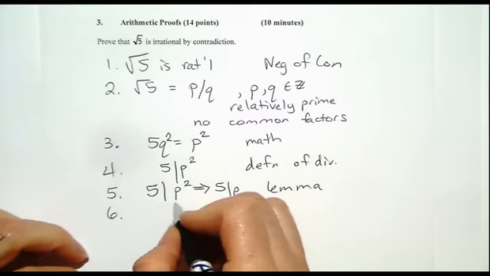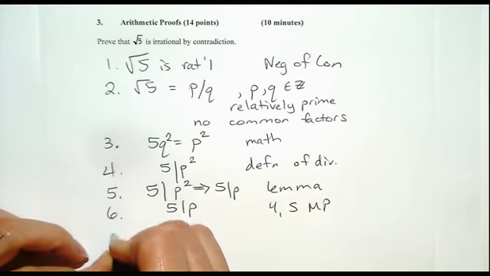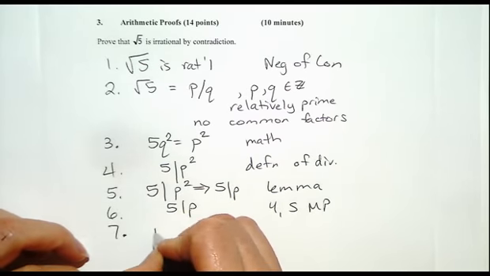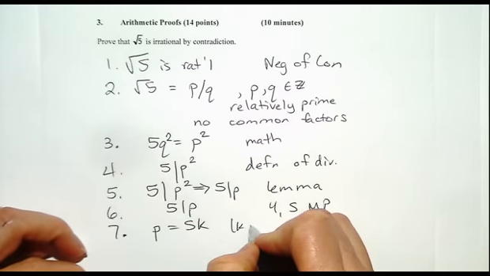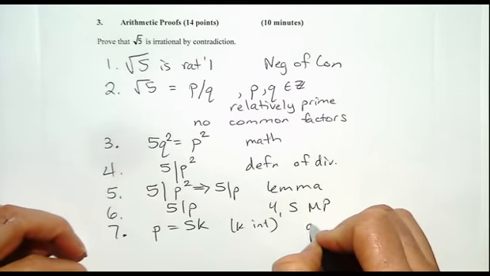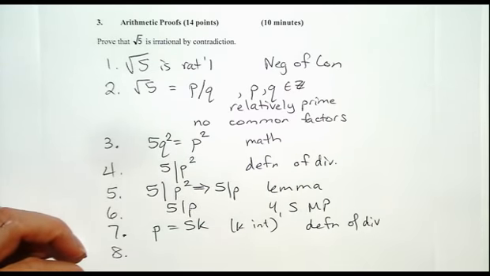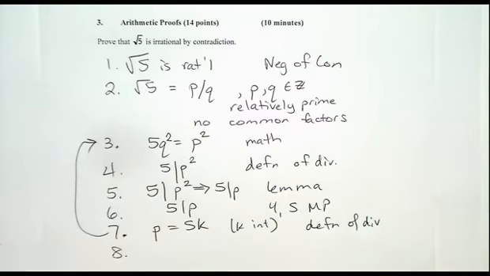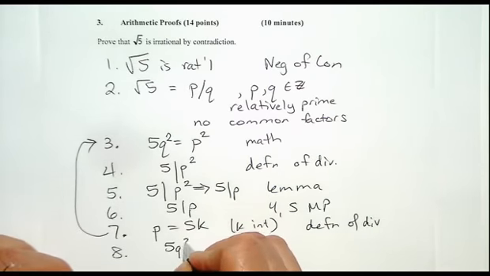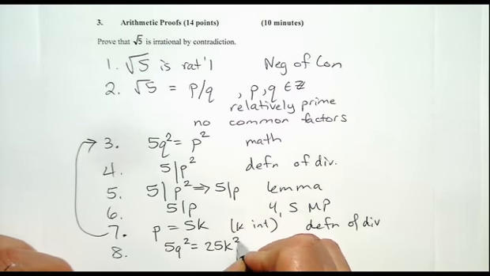Okay, so now I can use modus ponens with 4 and 5 to get that 5 divides P. If 5 divides P, then P is equal to 5 times some integer K. That's a definition of divisibility. Now, I'm going to plug this back in to my equation on line 3 and get that 5Q squared equals 25K squared.